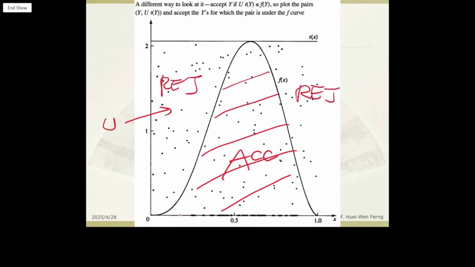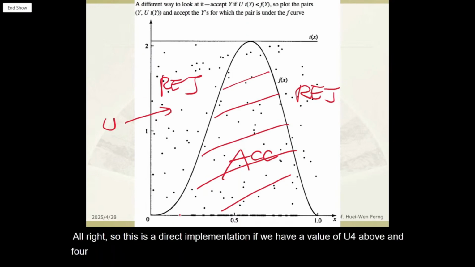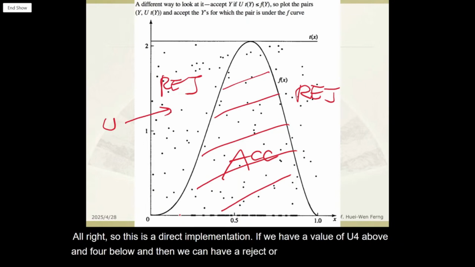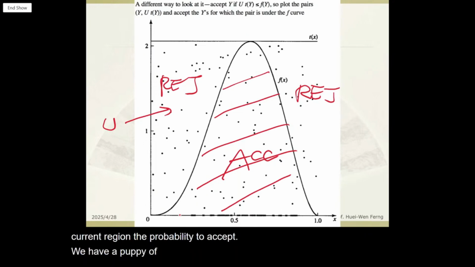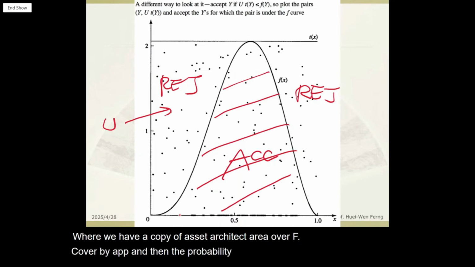All right, so this is a direct implementation. If we have a value of u falling above or falling below, then we can have reject or accept. And currently, for the current region, the probability to accept is the area covered by f over the total area, and then the probability is 0.48.